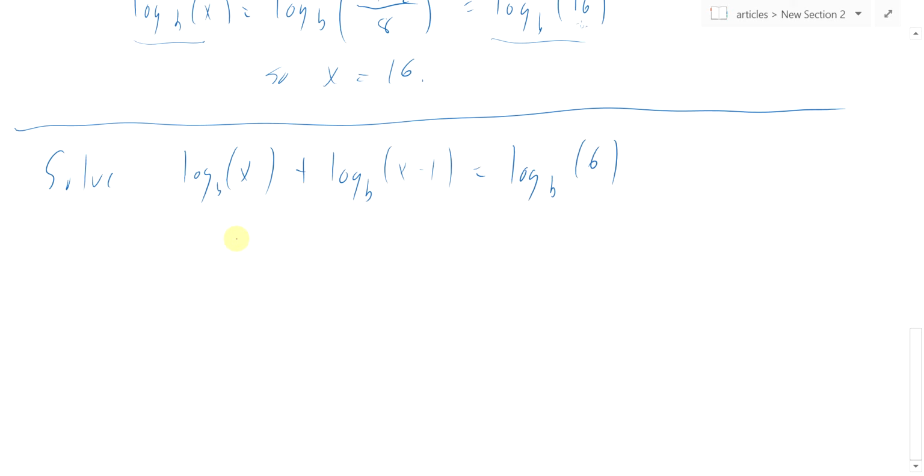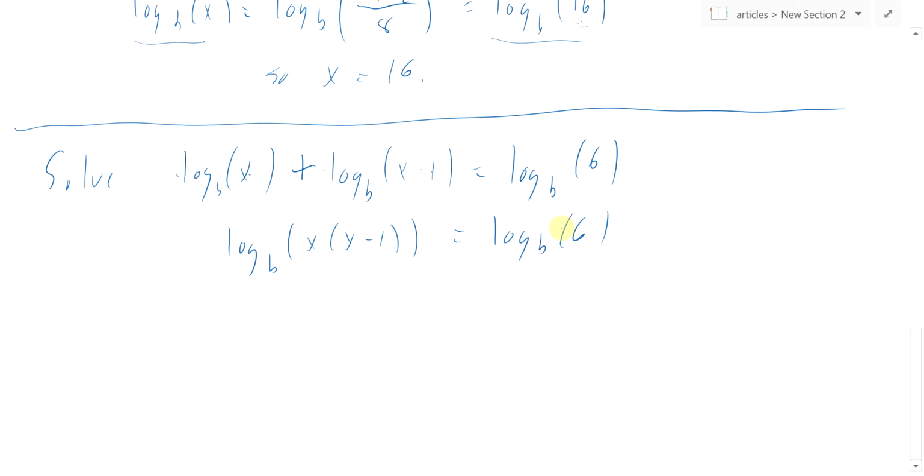Right, so same goal. There's no coefficients to worry about. It's an addition here, addition. So this times this, x times x minus 1 equals log base b of 6.